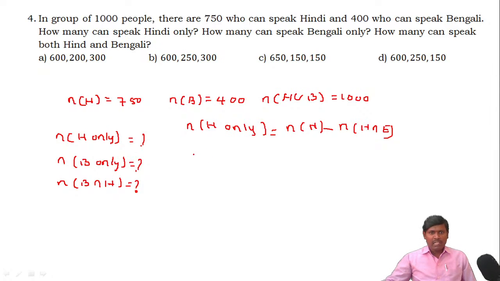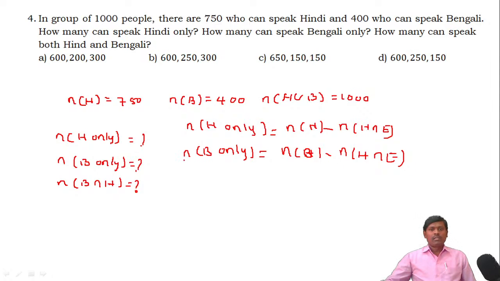Similarly, n of B only is n of B minus n of H intersection B. To find these two values, n of H intersection B is essential.